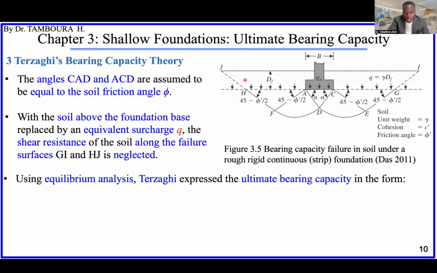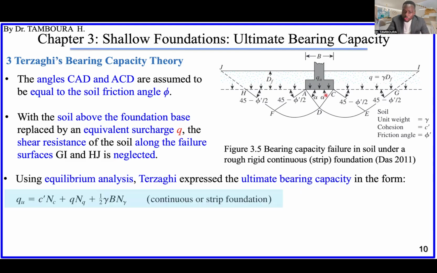So using the limit equilibrium, because we want to make equilibrium of the forces on this part, this block of soil, Terzaghi expressed the ultimate bearing capacity in this form.